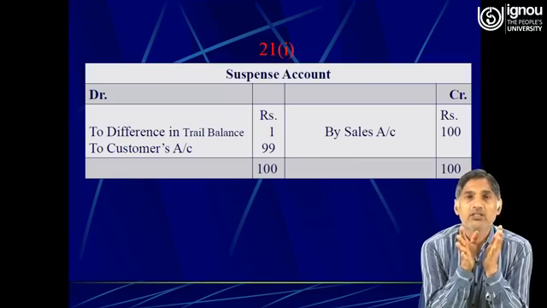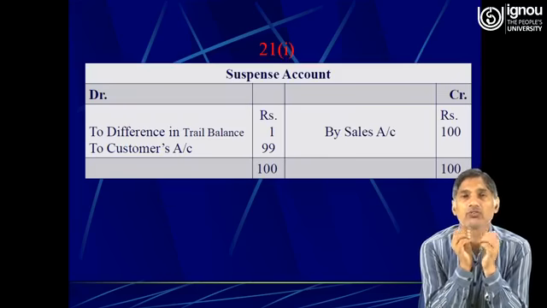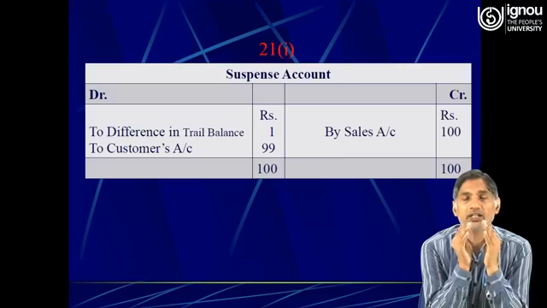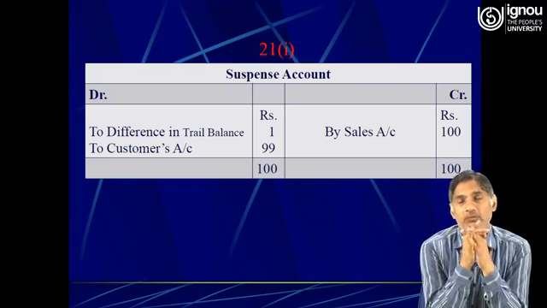So this was the whole process of creating the suspense account and closing the suspense account, making the rectifications of one-sided errors. So here it is very, very important that when we rectify one-sided error, we need to identify at which stage such errors have been committed.